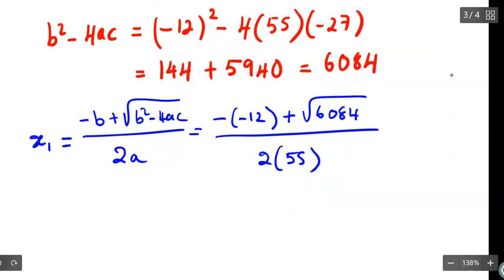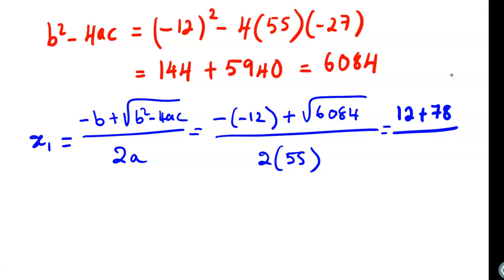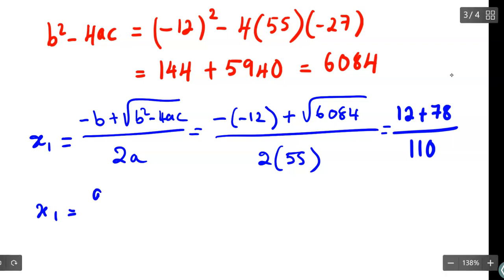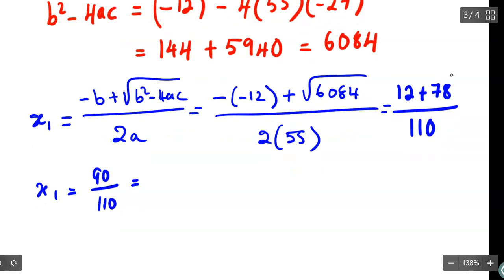So we should have plus 12, since negative makes it a positive. So there will be a 12 plus the 78, divided by 55 times 2, which should be 110. So x1 is equal to 78 plus 12, which should give me 90 over 110. You can simplify this by dividing both by 10, so it's 9 over 11.